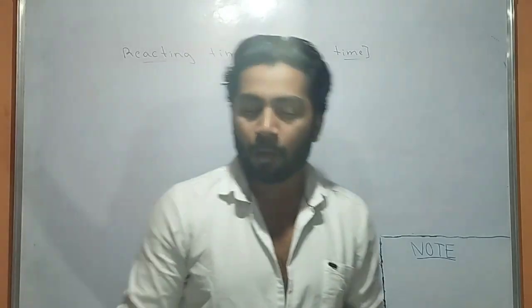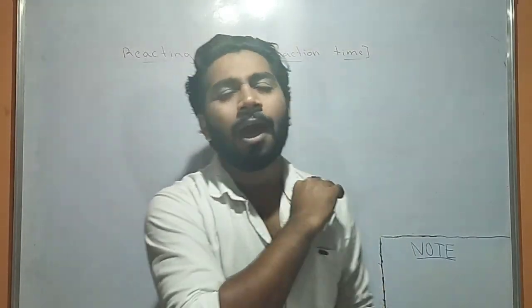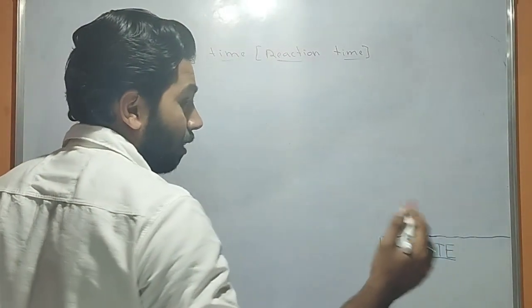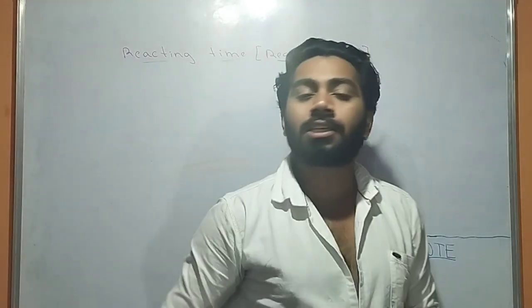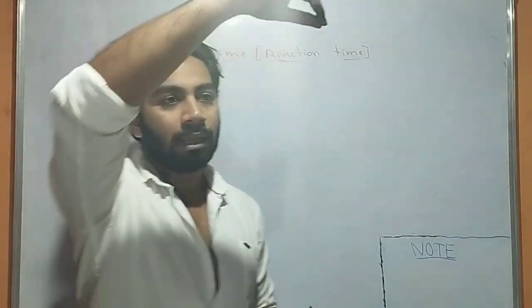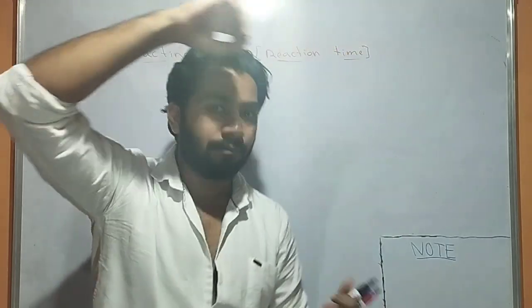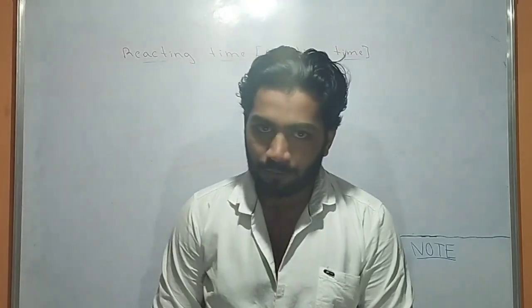In every problem, you just need a formula with which you can substitute two or three quantities and get an answer easily. So in the reacting time, always remember what you have and what you won't have. Just observe one thing: when you leave the paper, or any object, it is constantly attracted by gravitation.